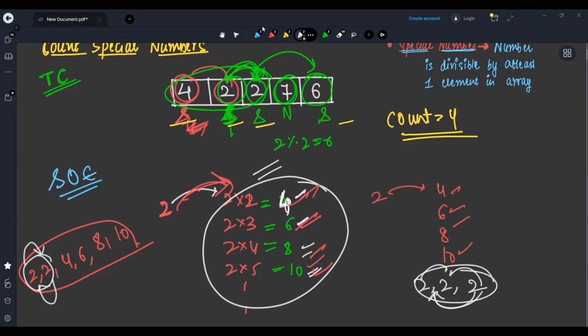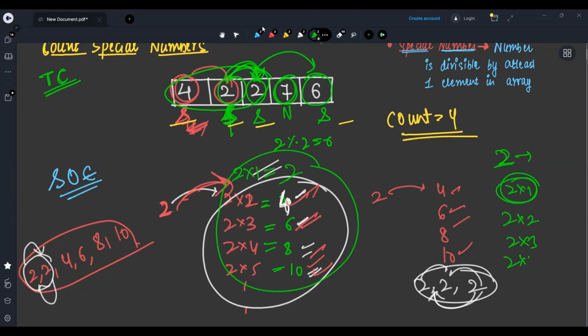So, for handling repeated elements, we have to take 2 into 1 also into consideration. Whenever we get a 2, we will mark itself as well as true. Why will marking itself help?